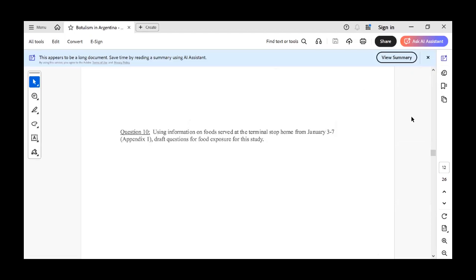The problem with check all that apply is that sometimes persons don't check things just because they missed it and not because they didn't have the exposure.